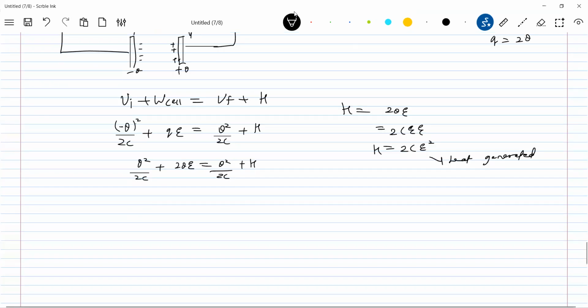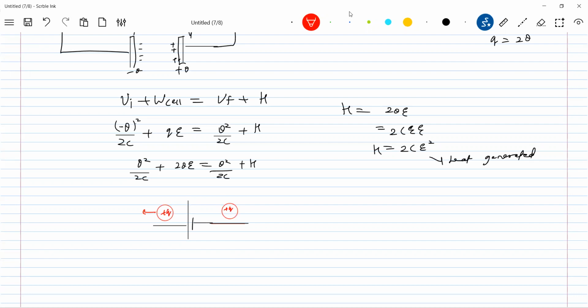So what is the basic idea? If a positive charge leaves the positive terminal, or a positive charge enters the positive terminal, either of the things. Now, what you have to conclude here then? This is the EMF of the cell E. Work done by the cell is positive.